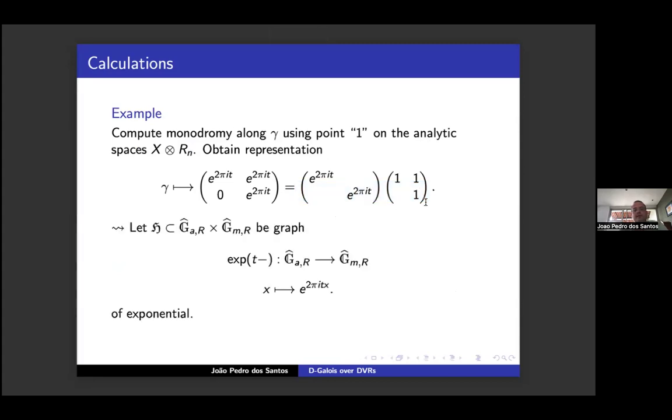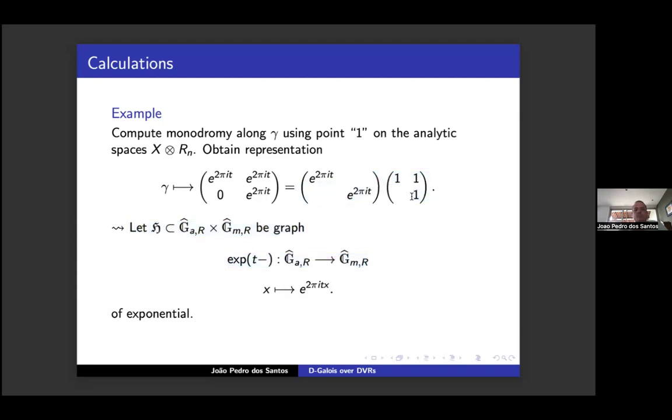And then at the end, what happens is that this thing here lies on, so this is an abelian part, oh sorry, this is a Ga, so this is a copy of R, and this is a Gm, excuse me, so this is a Gm, and this is a Ga.